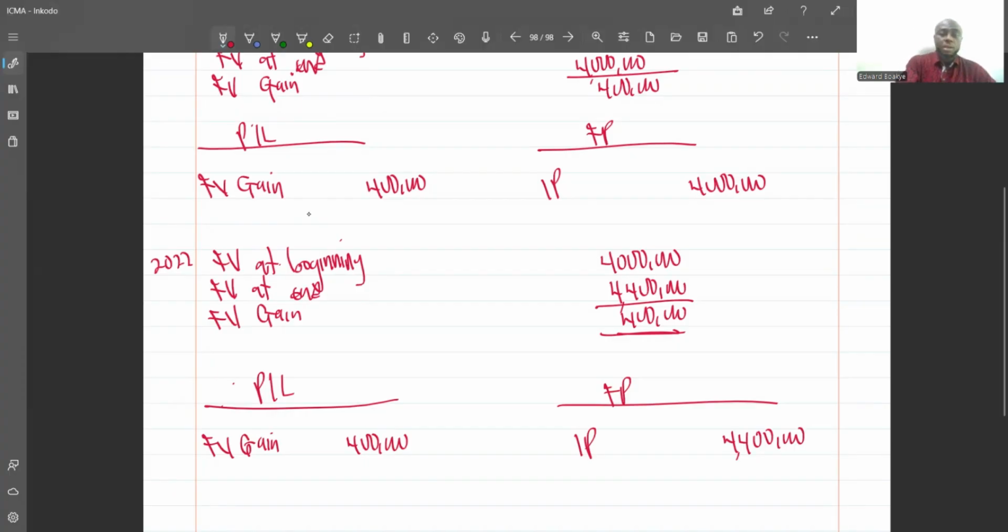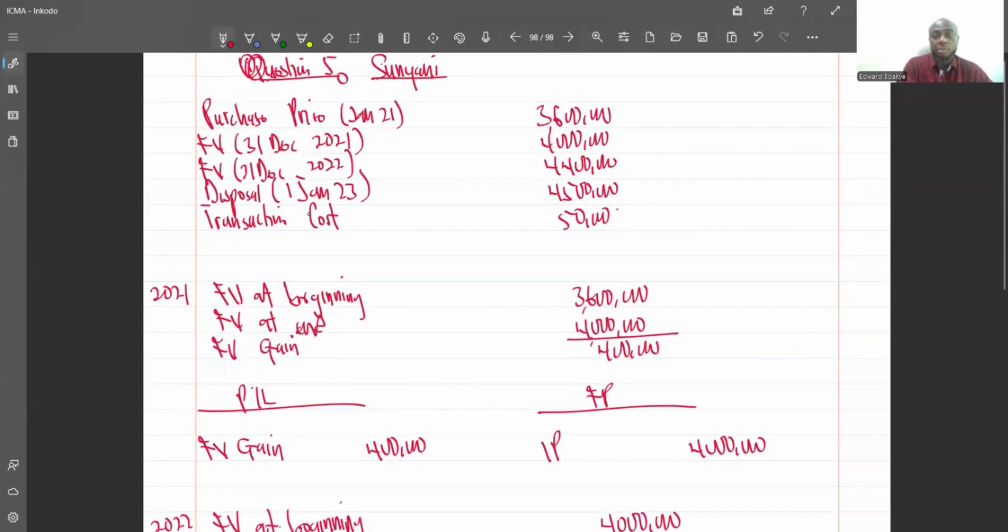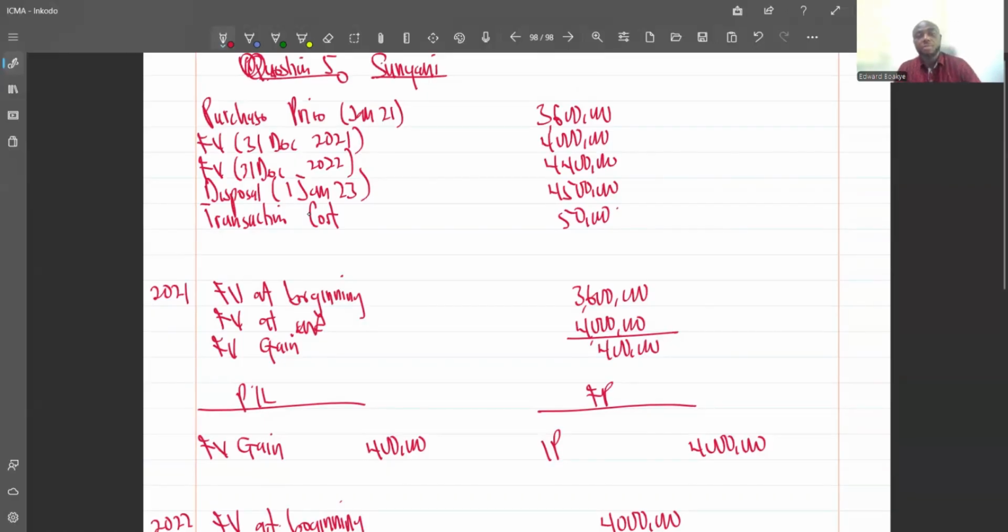Let's go to 2023. So the year 2023, fair value at beginning, you can see that to be 4.4. And then fair value at end of 2023, we don't have fair value.